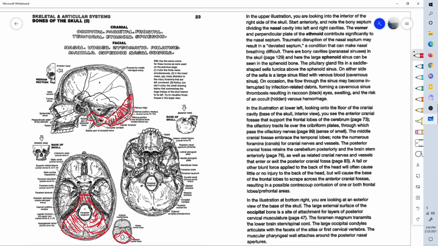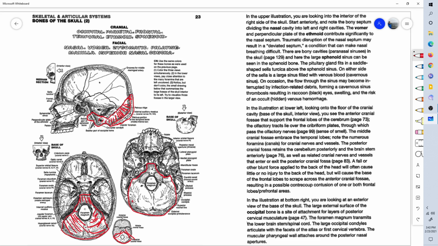And what do you think travels through this big hole? The brain stem and the spinal cord, so that the nerves and the neurons can travel all the way down to the rest of your body through the spinal cord.